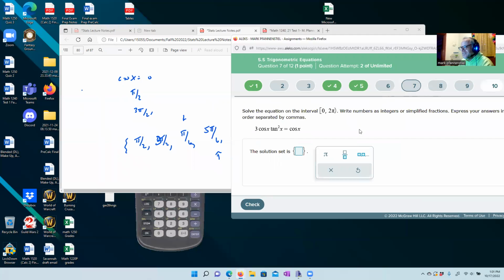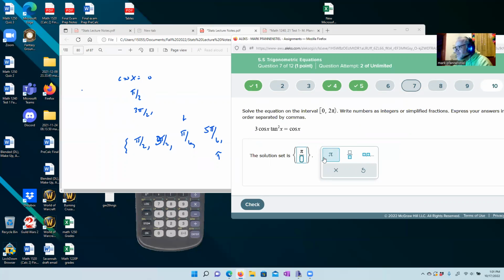So the solution set here: pi over 2, comma, 3 pi over 2, comma, and then we need all of this mess. We need a pi over 6.